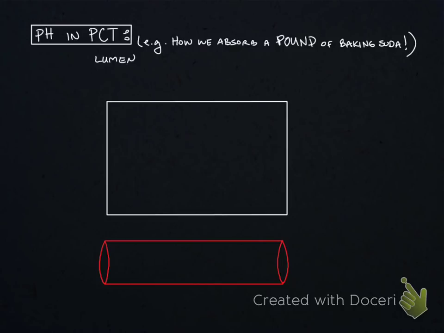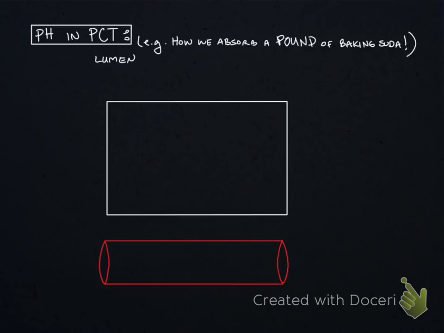So I think I just mentioned your kidneys, they basically can reabsorb about a pound of baking soda, sodium bicarbonate. Most of the reabsorption happens within the proximal convoluted tubule. So that's what we're going to look at first.